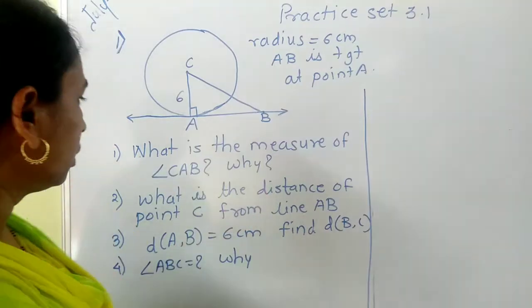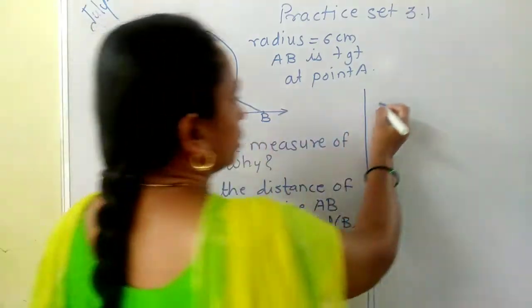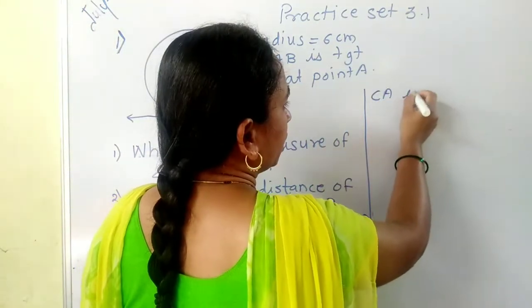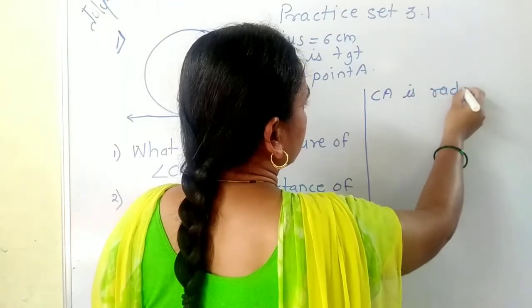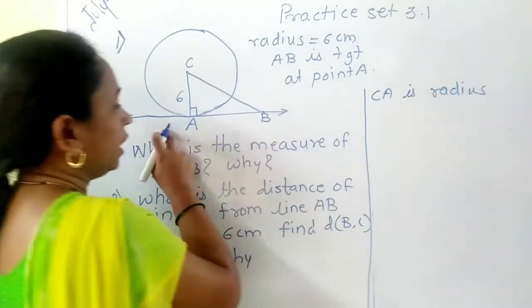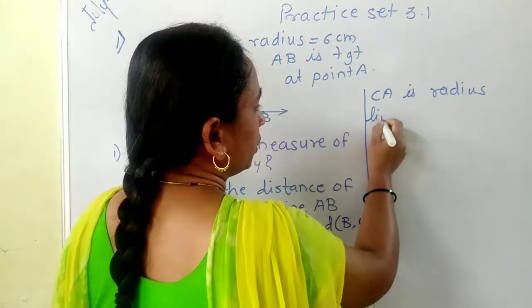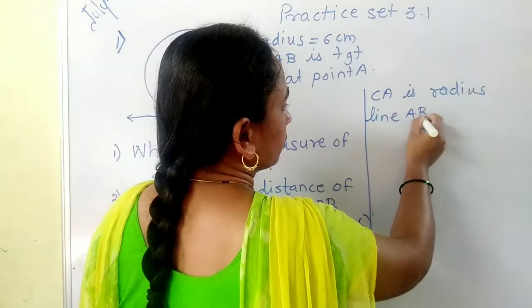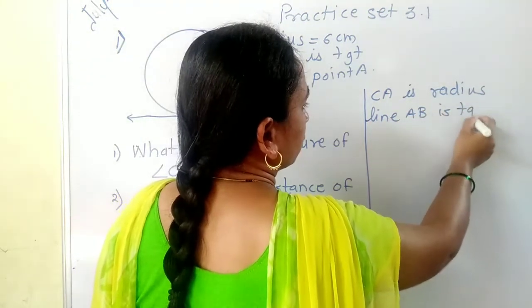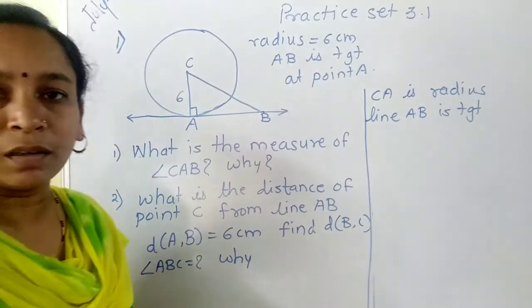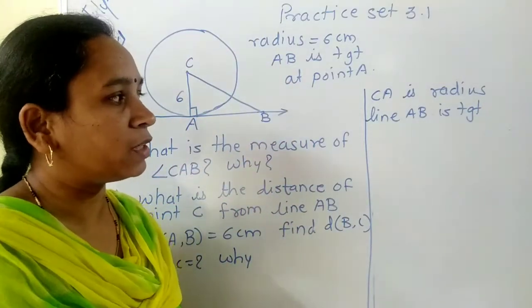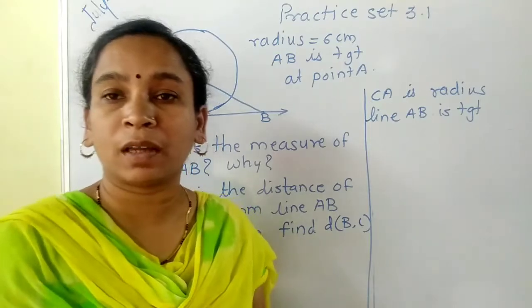First question, here AC is a radius, CA is radius and AB is a tangent. Line AB is tangent. It is from the figure, and if it is radius and tangent, what is the relation of a tangent and radius?